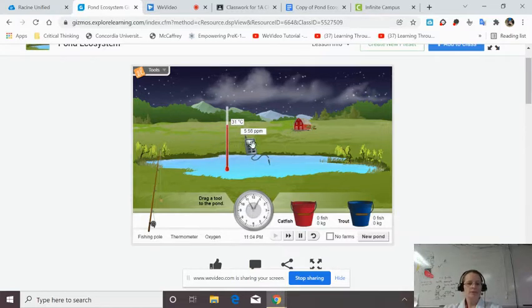So it goes up until about 4 p.m., holds steady for a bit, and then it starts going down. I guess we can keep playing until it gets to 6 a.m. again, because I know this is exciting stuff. Okay, we'll just stop it there.